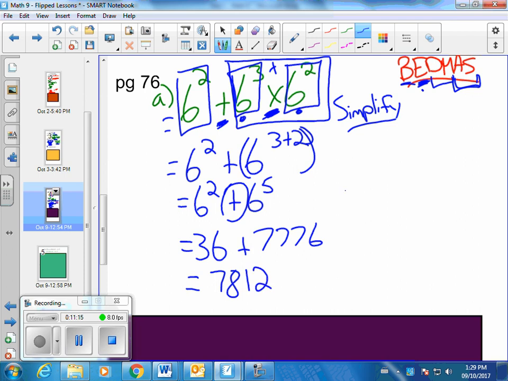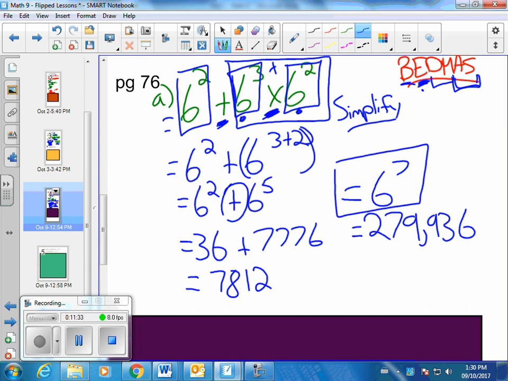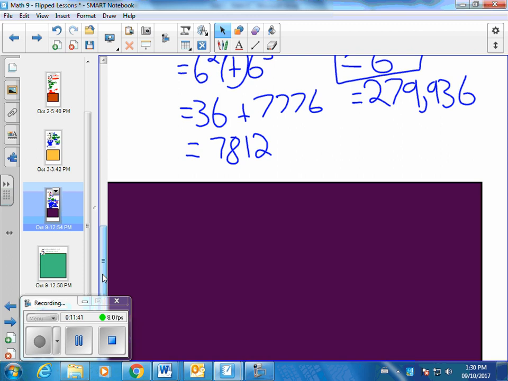That's actually a very, very different answer than 6 to the power of 7, which is actually 279,936. Very, very different. So we have to make sure we're following our order of operations. We'll do one more quick example on there and then we'll move on.